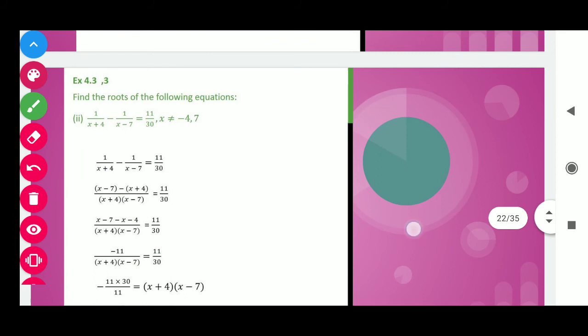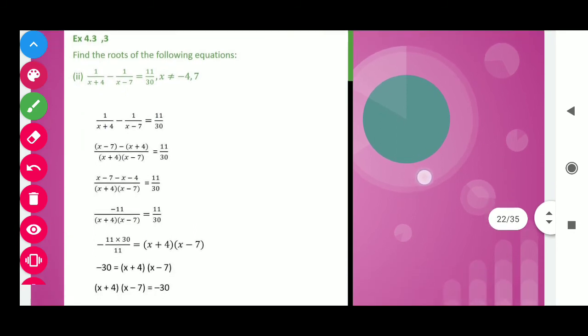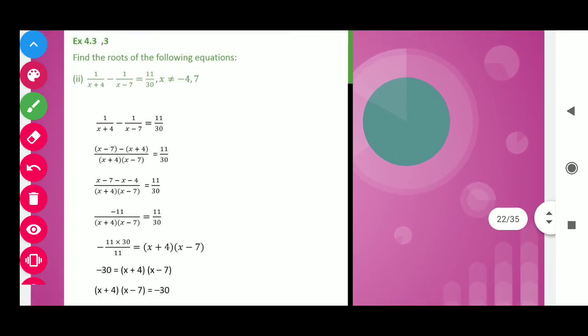We have a similar question. Here you can see: find the roots of the following equation. This is a really very important question. Here 1 over x plus 4 minus 1 over x minus 7 is equal to 11 over 30, provided that x is not equal to minus 4 and 7.